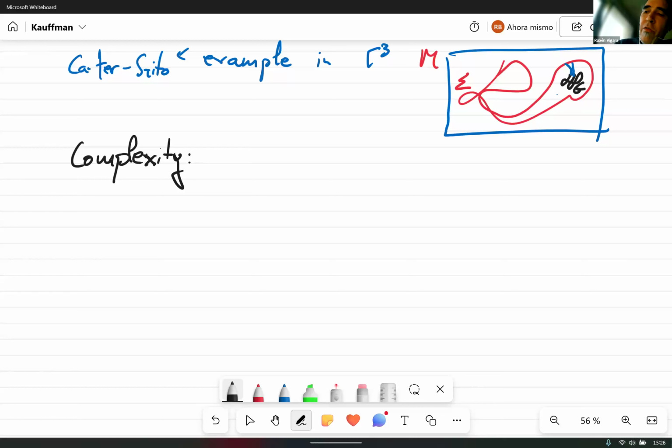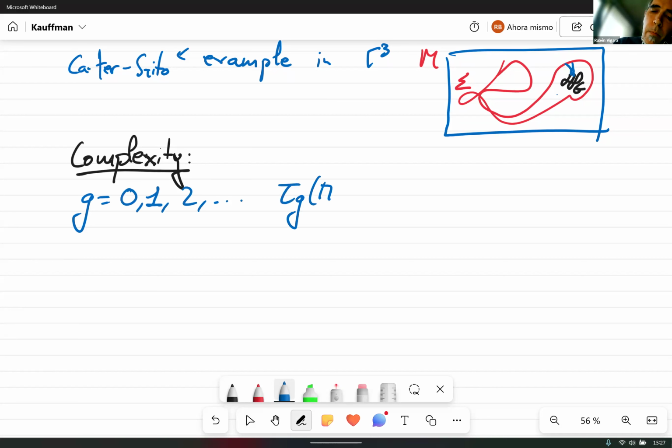So let's define the following number. Given a genus G that can be 0, 1, 2, etc., we define tau G of M as the minimal number of triple points of a genus G filling Dehn surface.